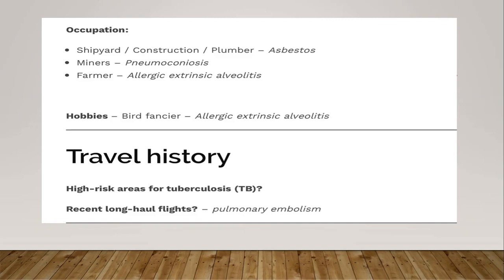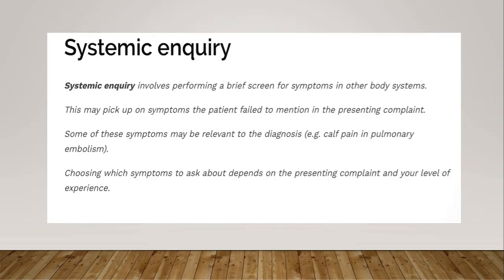Miners are at risk of pneumoconiosis, and farmers have a risk of extrinsic allergic alveolitis. A patient with hobbies like pigeon fancier has allergic extrinsic alveolitis, the old name, whose new name is hypersensitivity pneumonitis. Travel history: a high-risk area for tuberculosis, or a recent long flight suggests pulmonary embolism.